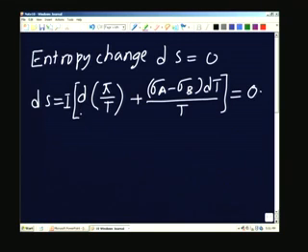This is because we have a junction at T and another at T plus delta T, pi divided by T, pi divided by T plus delta T, and the difference between these two is nothing but this quantity. So, now there are two equations. I think this is equation number 9.